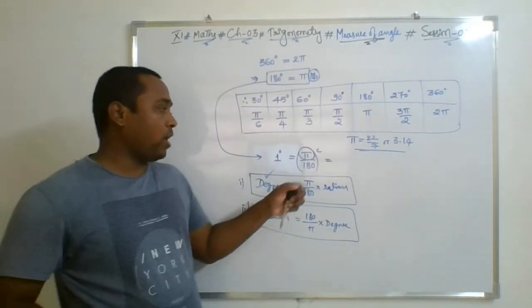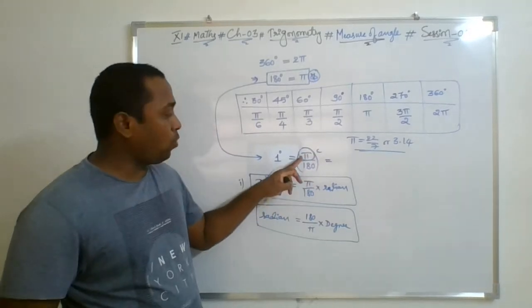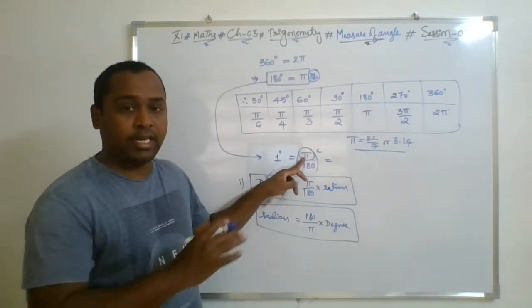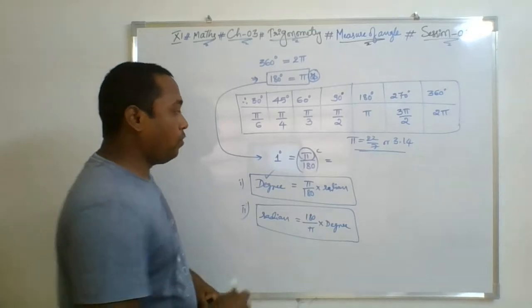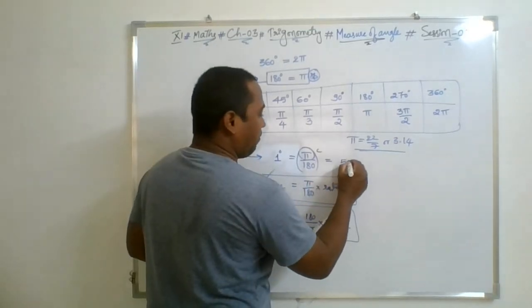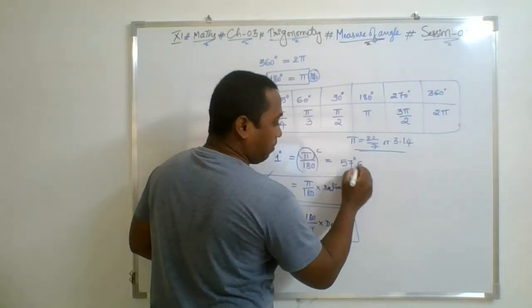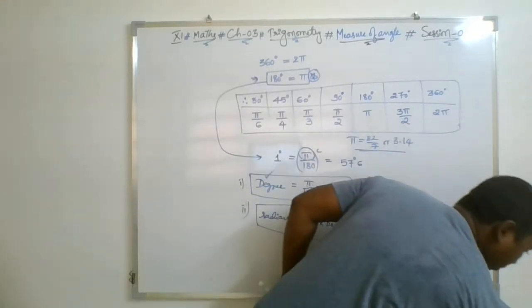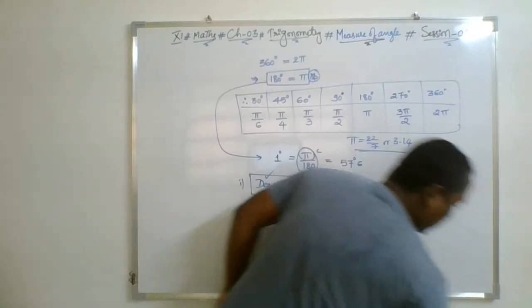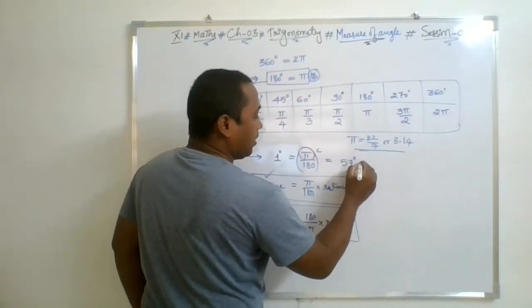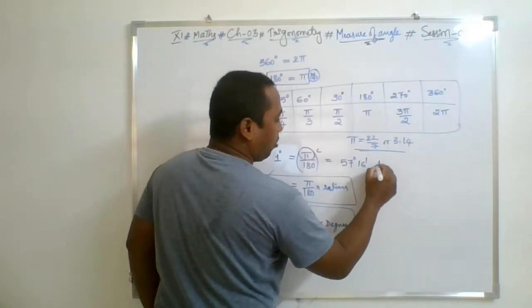If you write the value of pi as 3.14 and simplify further, you will get approximately 57 degree and 16 minutes.